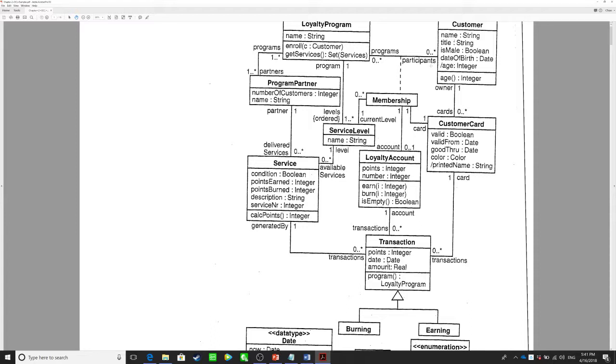From the customer to the card is one to many, which means a customer can have many cards. However, a card cannot belong to different persons. The card can only belong to you. Make sense? That's good.